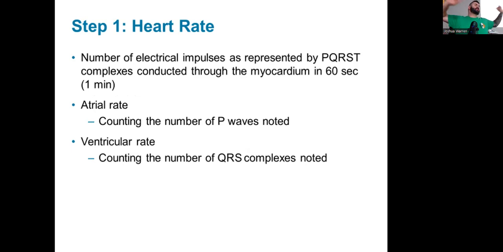The A to V ratio should be 1-to-1. Later on in the slideshow, I will show you an actual A flutter with a 6-to-1 AV conduction ratio, which means there are 6 flutter waves to 1 ventricular contraction.